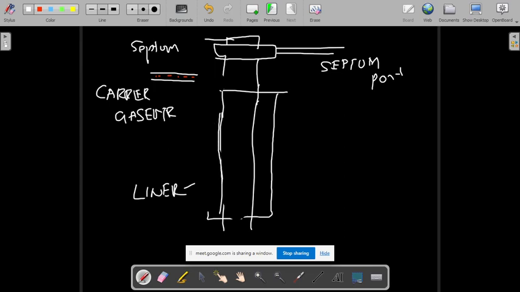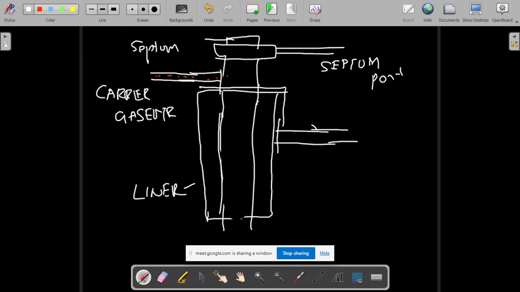So this is your liner, and this is your carrier gas. Also we require another thing. Here you'll have a valve.